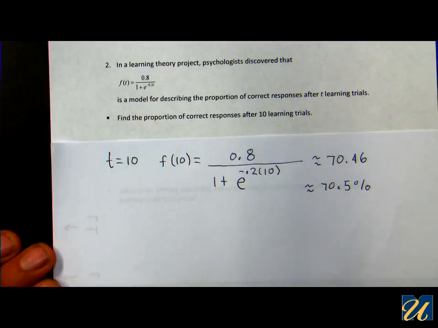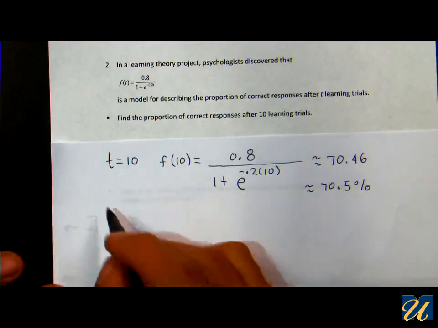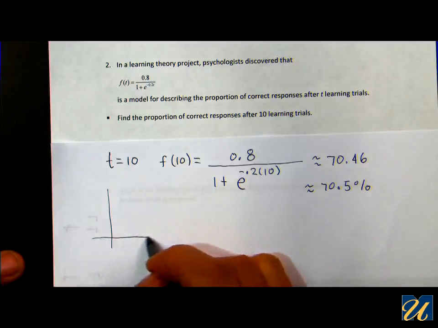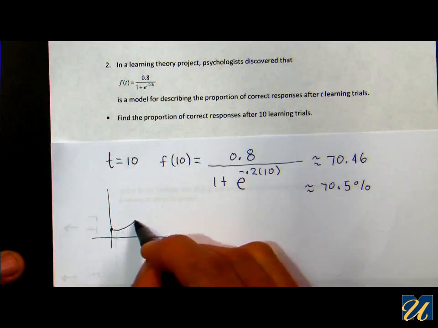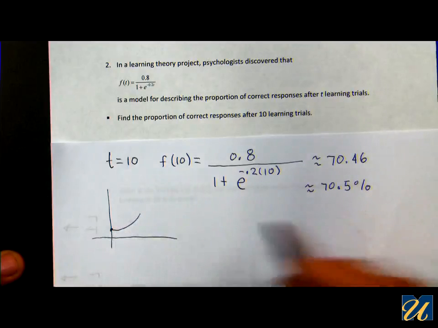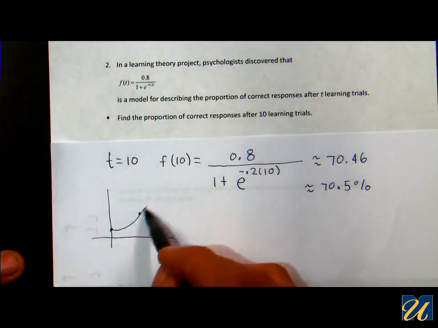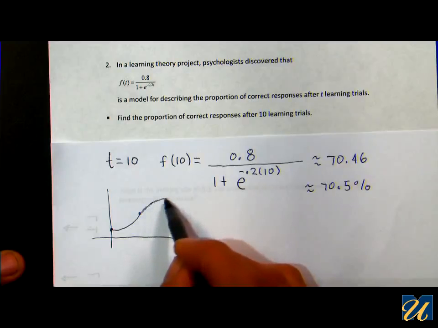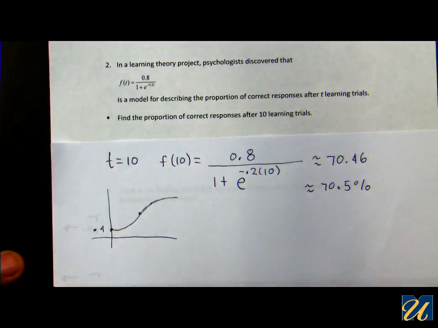So after 10 learning trials, the learning taking place has increased dramatically because most logistic functions start out with a period of very rapid rise. In fact, it's an exponential rise. And then after a very specific point, they begin to increase, but less and less rapidly. So we started out with 40% correct, and now after some period of time, we're at 70.5%.